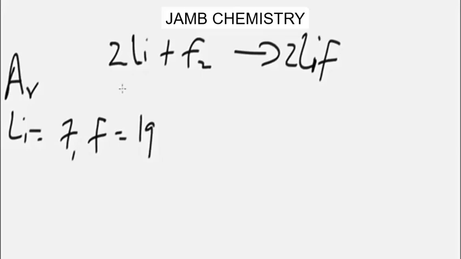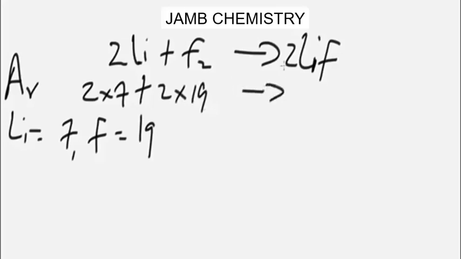So with it now, to get the relative formula mass or the molar mass, we add the relative atomic mass of the atoms. For the one on the left, it's going to be 2 atoms of lithium times 7, so 2 times 7, plus we have 2 atoms of fluorine, so 2 times 19.